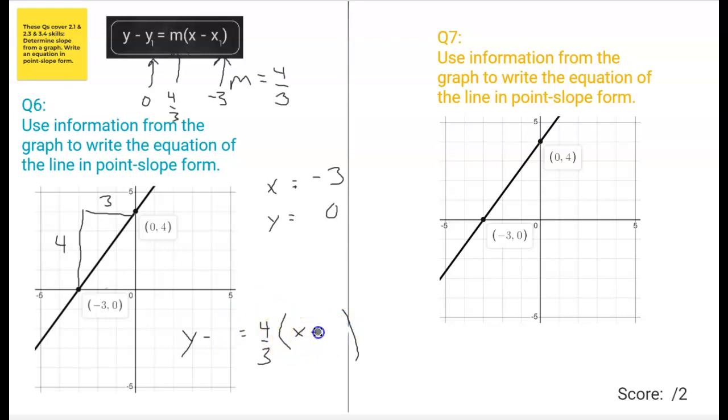So if you were using this point here, you would plug in a 4 for y, and you would plug in a 0 for x. So now you've got the equation again. It's the same line, so it's the same equation, but you've used a 4 for y from here and a 0 for x. Either one of those equations are perfectly fine because you can choose either point you want.